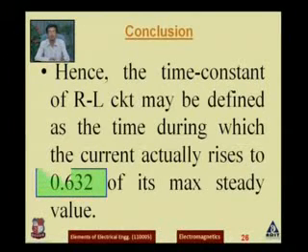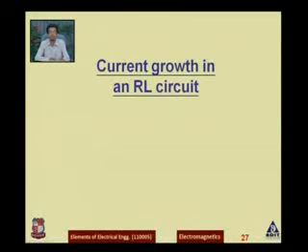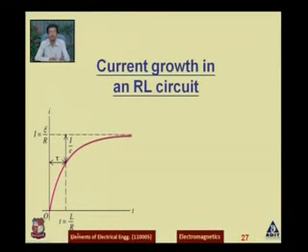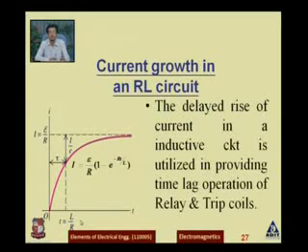So you have to remember this value for some of the examples. So the current growth in an RL circuit increases exponentially, and this time is called the time constant. Time constant is equal to L by R. The delayed rise of the current in an inductive circuit is utilized in providing time lag operation of the relay and trip coils.